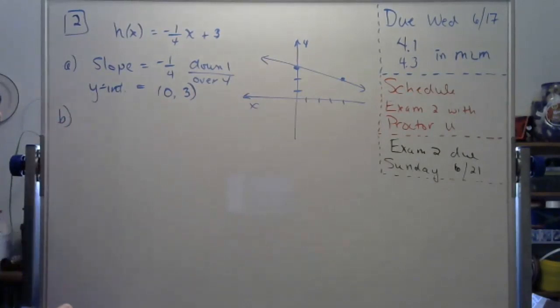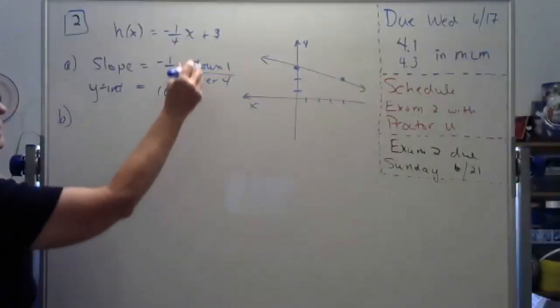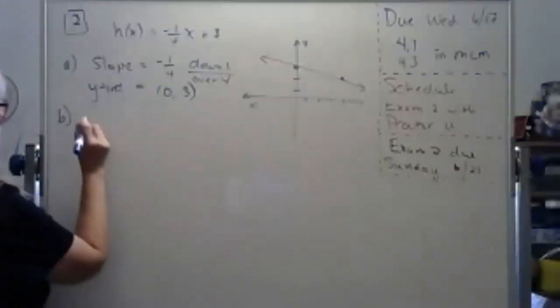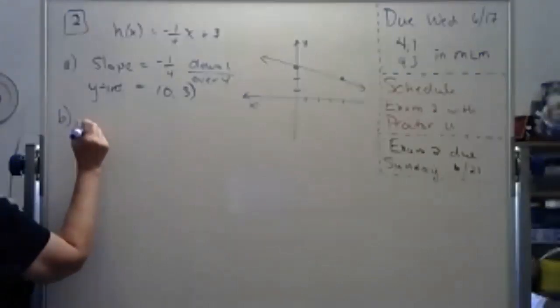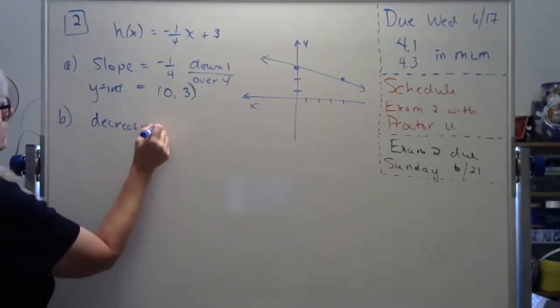Part B on that problem is simply asking you to determine whether the linear function is increasing, decreasing, or constant. Well, as I'm walking from left to right, which direction are we walking, uphill or downhill? Downhill. Yep, so this is a decreasing function.